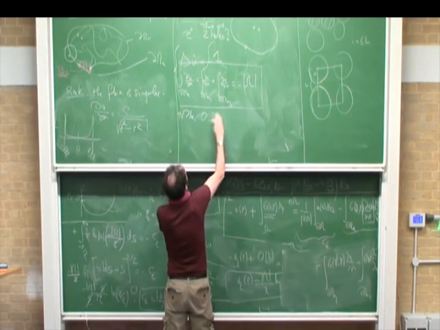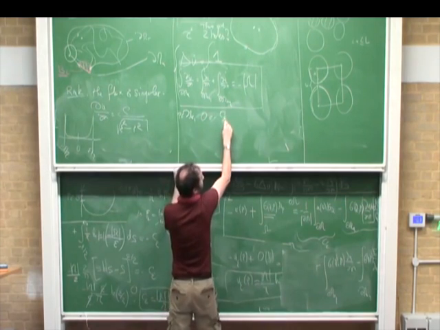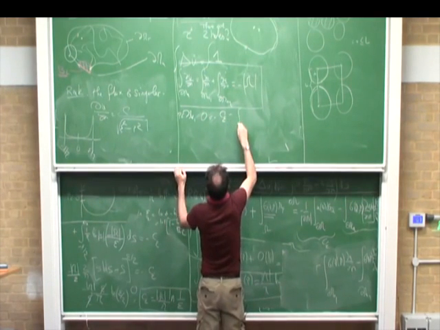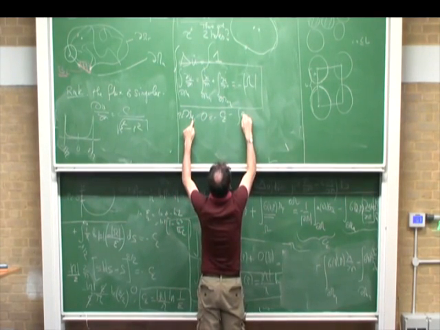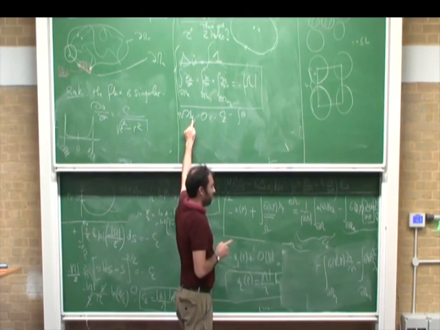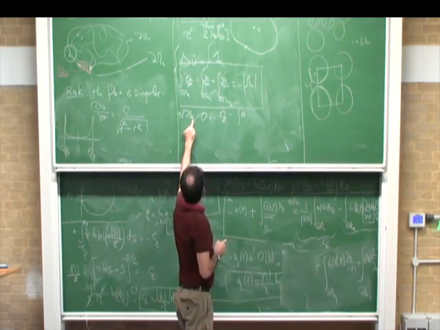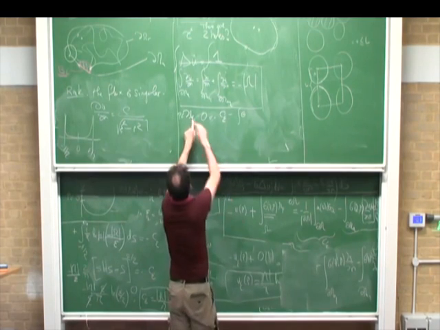So 0 equals minus c epsilon minus, so now we are integrating for P in A1. So let's call this point P1.